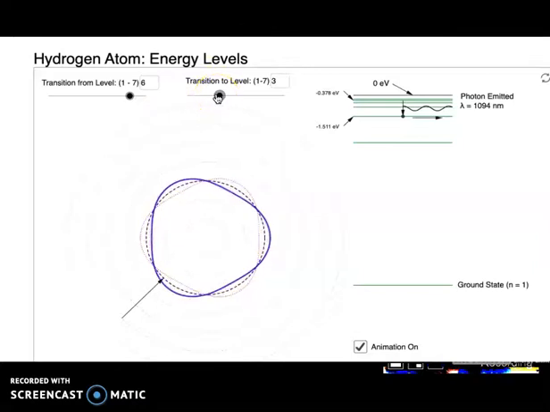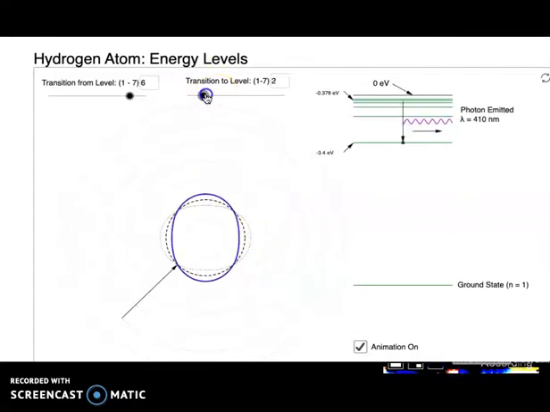We were given as part of this problem that all of the states end in transition level 2. Energy level 2 is the energy level we're looking at. And since we need to emit light, the electron needs to start in a high energy state, fall down, and end up in a low energy state. I want you to think about this as like a ball rolling down a hill.